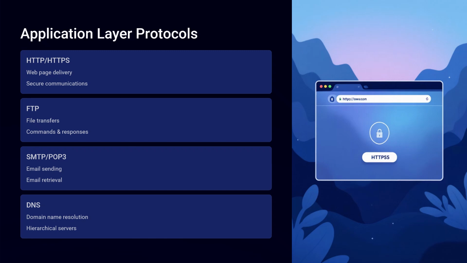At the top, we have the application layer, which includes protocols users interact with daily. HTTP and HTTPS are used for web browsing. HTTPS adds security through encryption. FTP allows file transfers between systems using commands and responses. The expansion of FTP is File Transfer Protocol. SMTP and POP3 handle email.